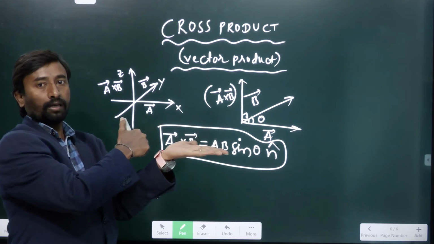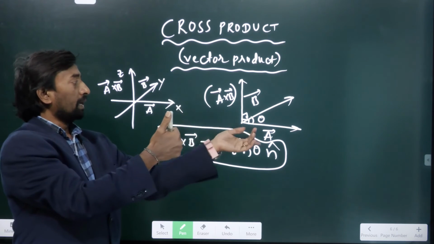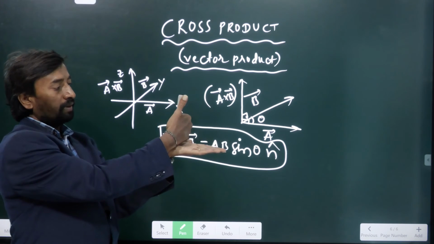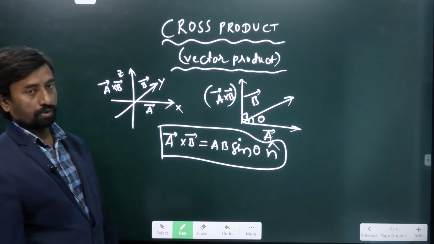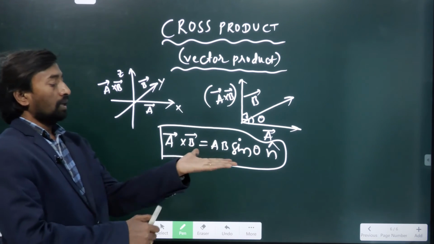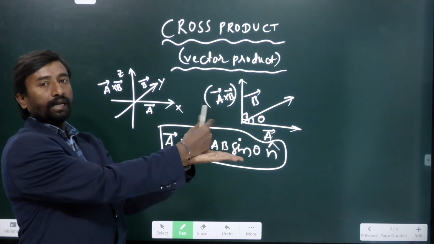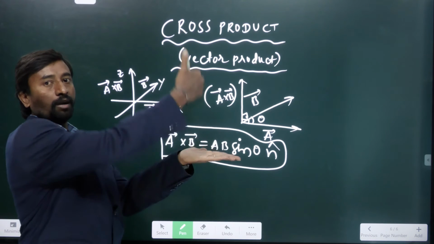This thumb represents the direction of the resultant of the two vectors in the cross product. Understood? Suppose a bar is moving towards b bar in anti-clockwise direction, then the direction of a bar cross b bar will be upward.